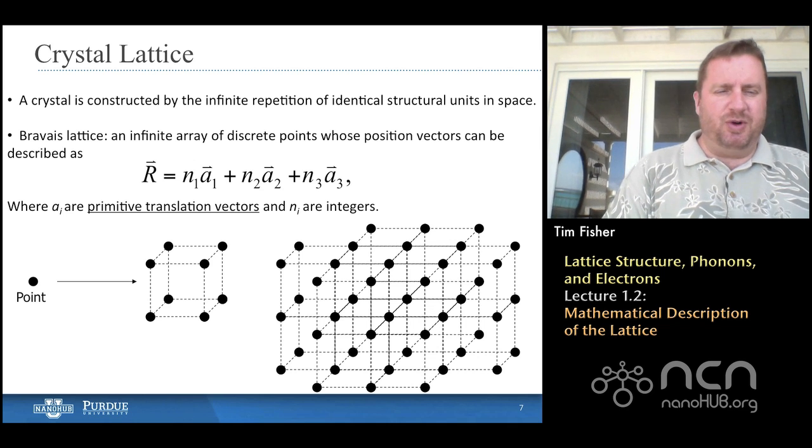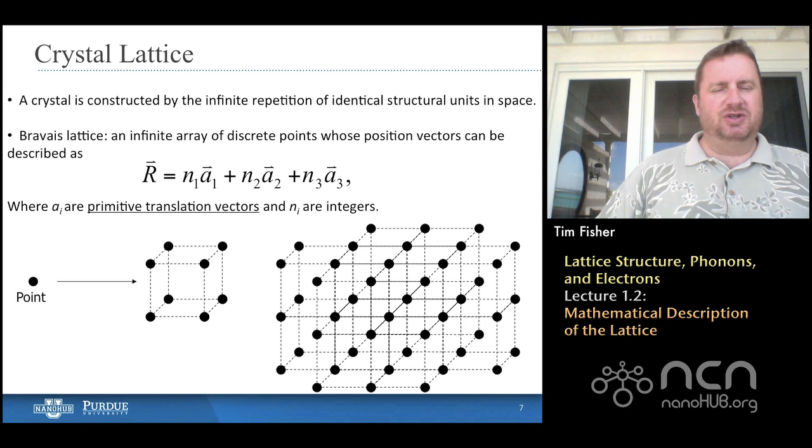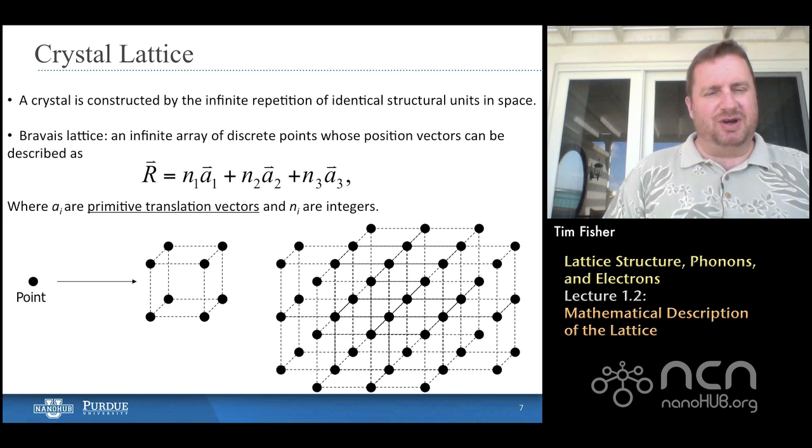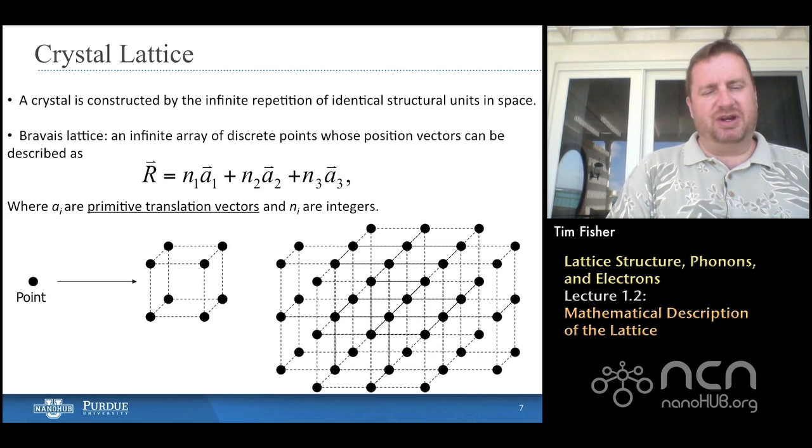Now, the points that I show here, you'll notice I actually wrote the word point. They're not necessarily atoms. They are just reference points to which atoms are sort of bound, as we'll show in a moment. And so I want you to at least appreciate a little bit of that subtlety, that they're not necessarily atoms.